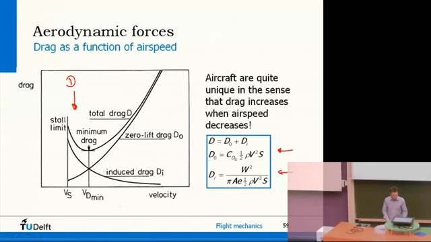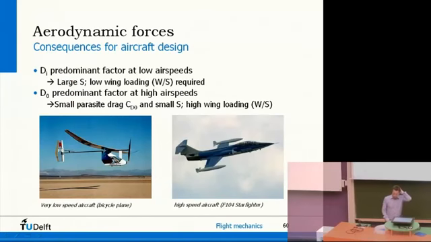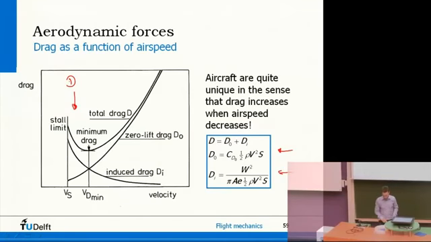Now that has some important consequences, because if you look at these equations, then you see, if you were trying to design an aircraft for high speed flight or for low speed flight, then at high speed zero lift drag is important, and at low speed induced drag is important.